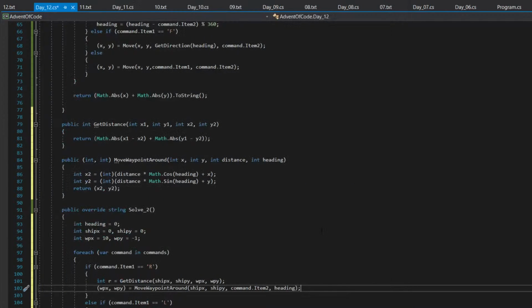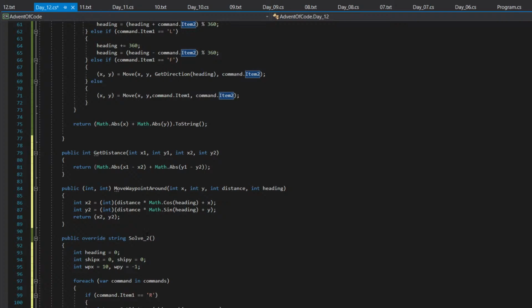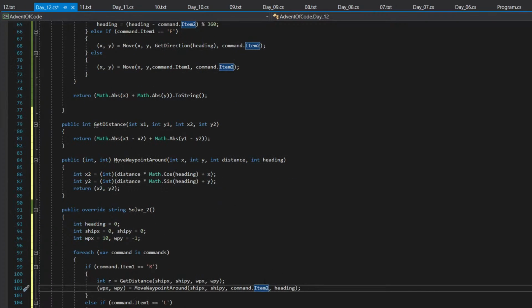Given number of degrees. So this isn't going to be heading. Wait, distance. What am I doing with distance? Move waypoint around. Distance times. Oh, this is not distance.